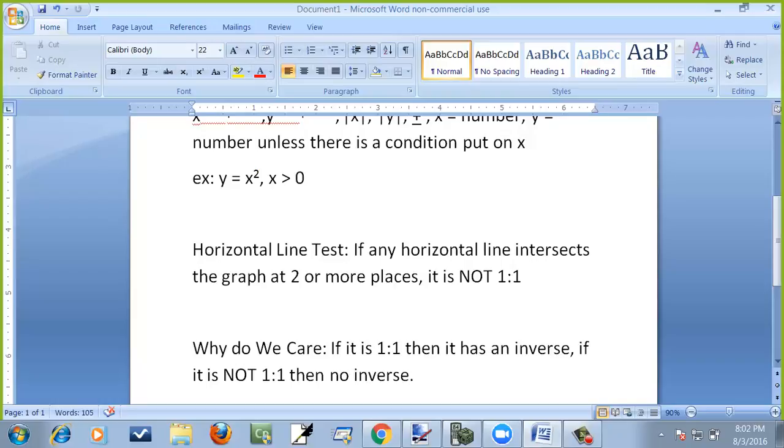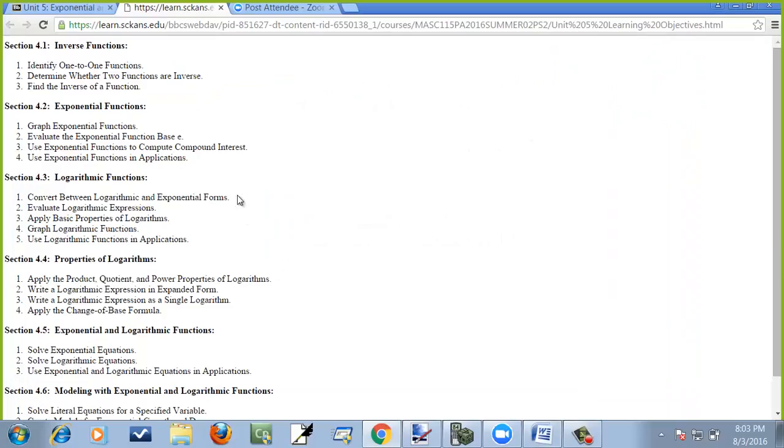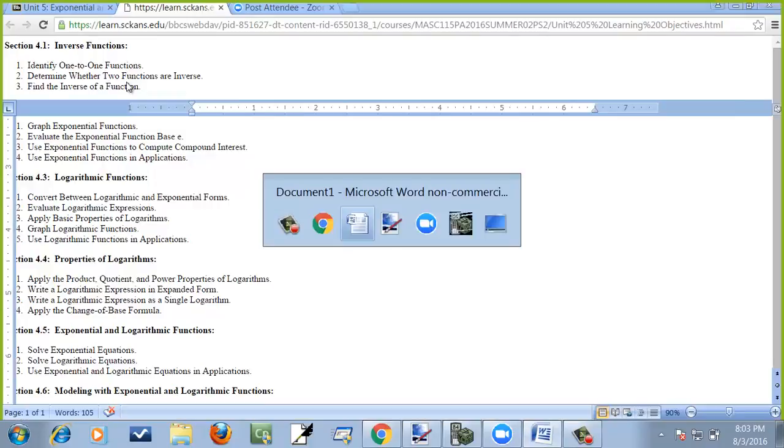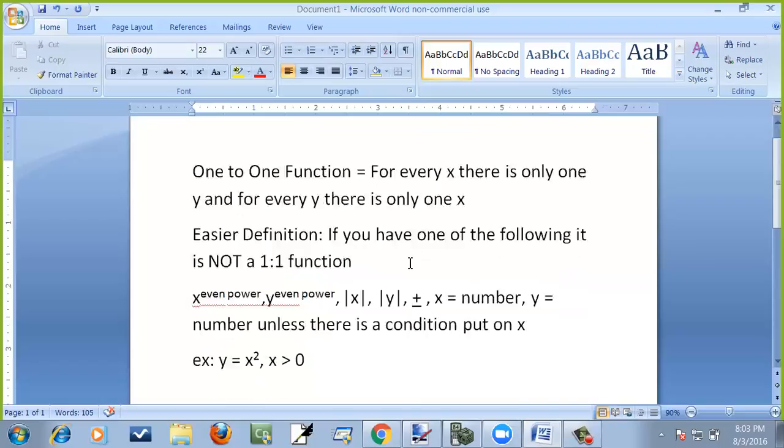So if you got a problem that's giving you a graph or just a function, and they're asking you if it has an inverse, they're really asking you first determine if it's one-to-one, and then from the one-to-one you can then tell whether it has an inverse. Okay, now that's the first. Identify one-to-one functions and why we want to do it.